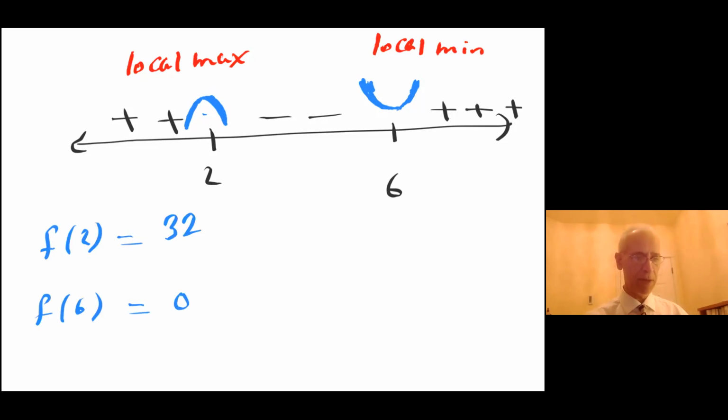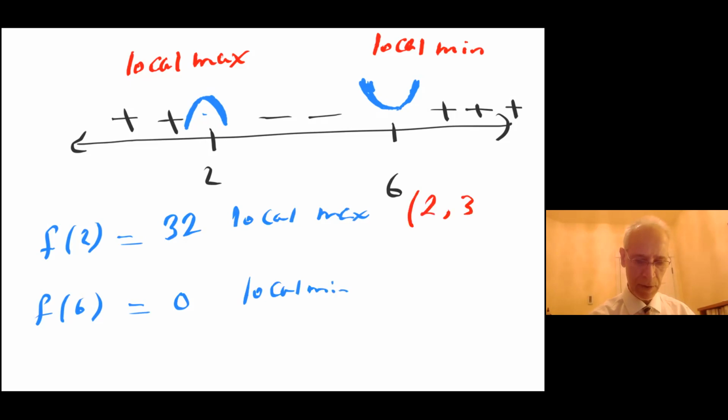So I have a local minimum there, and this is the local max. It's going to be 2, 32. And this point is going to be 6, 0.